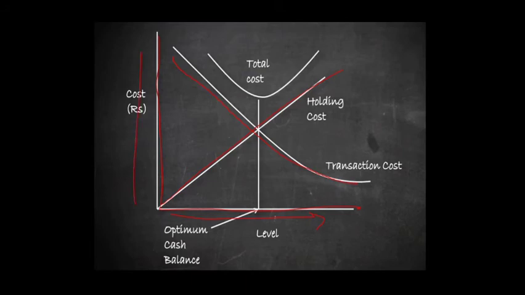But we are concerned about the level at which the holding cost and transaction cost will be at their minimum. This is the point where the holding cost and transaction cost intersect, known as the optimum cash level or optimum cash balance.